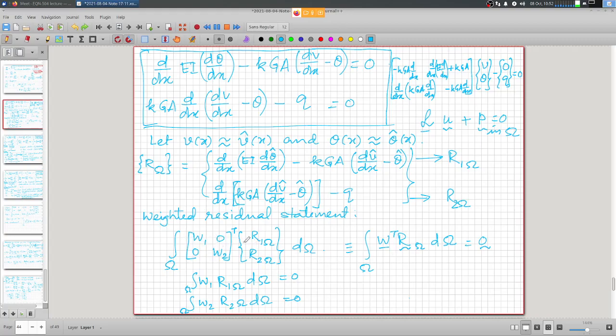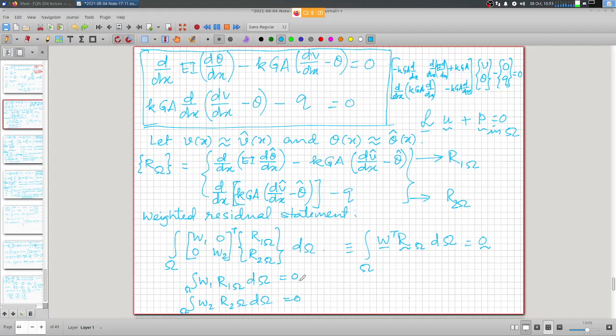This is a 2 by 2 matrix, this is a 2 by 1 vector, so the product is again going to be a 2 by 1 vector. So we look at it row wise. The first row is given by W1 R1 d omega integrated over the domain. The second row is W2 R2 d omega integrated over the domain, and equate it to 0. So these are the two equations that we get.